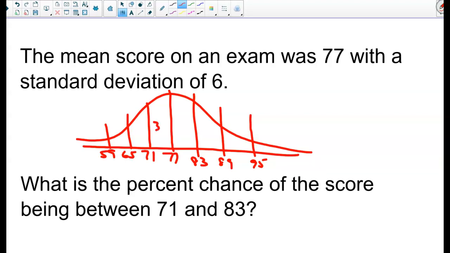And then it's 34%, 1 standard deviation away on each side. 13.5%, from 1 to 2 standard deviations away. 2.35% between 2 and 3 standard deviations away. And after 3 standard deviations away on either side is 0.15%.